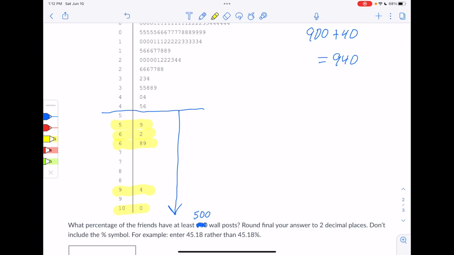So how many ended up meeting that description? We have 1, 2, 3, 4, 5, 6 of them that ended up meeting the description of at least 500.